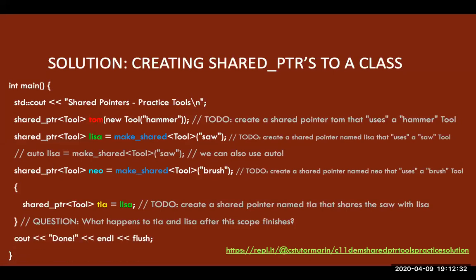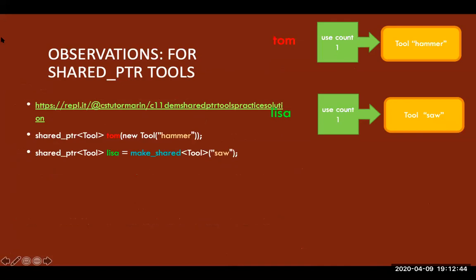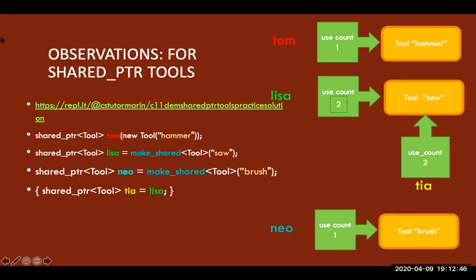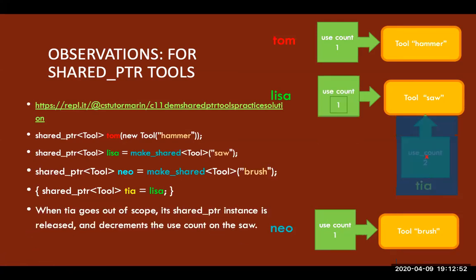And once we go out of that scope, we'd see that usage count come down again, or the reference count, okay? Any questions on shared pointers? That's kind of our wrap up page right there, kind of giving you the animation of what's going on, right? Lisa comes into scope, or Tia comes into scope, and then Tia goes out of scope, and then usage count goes back down again.